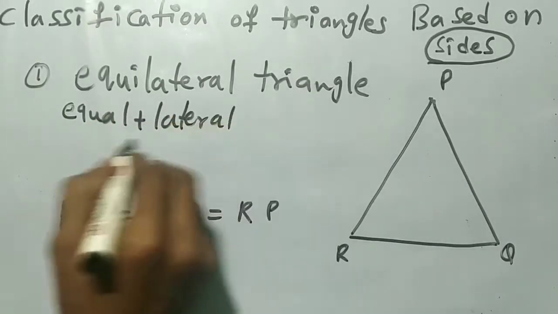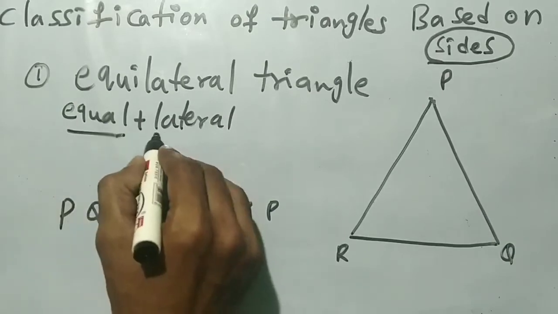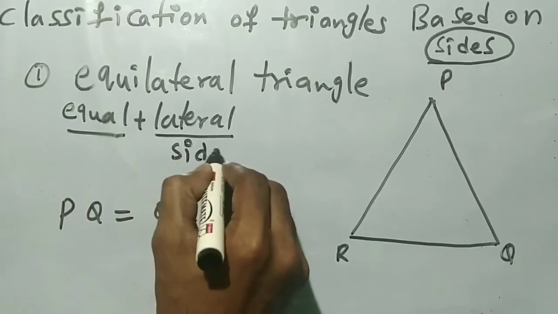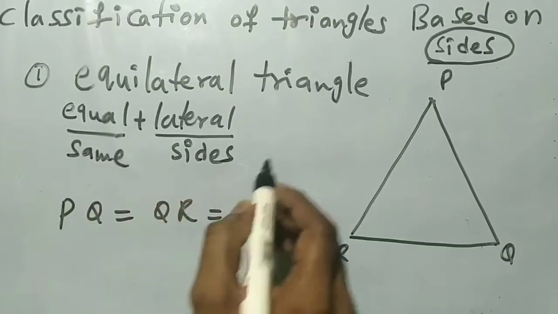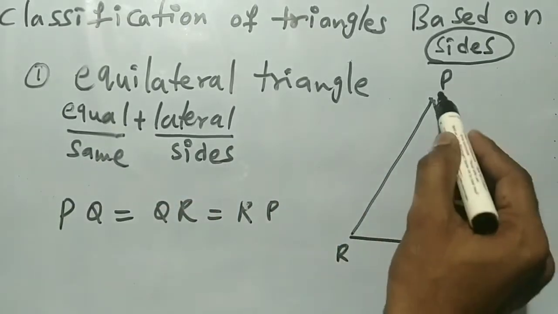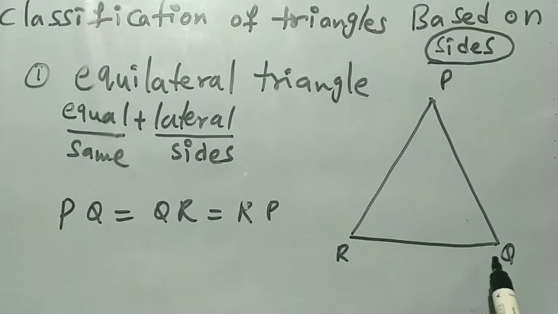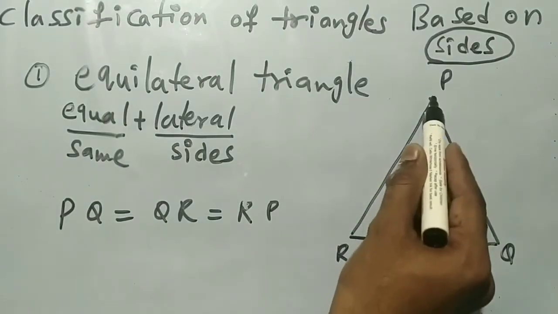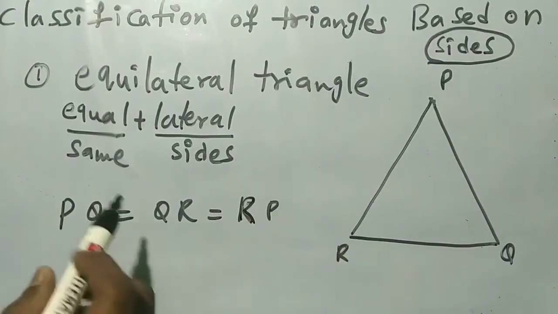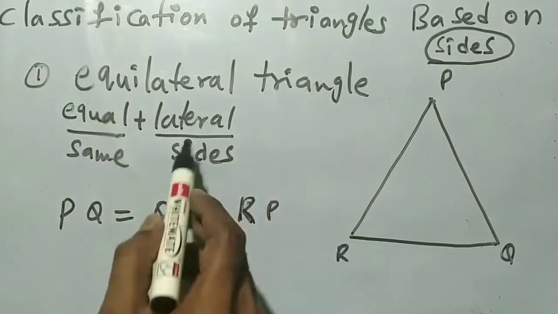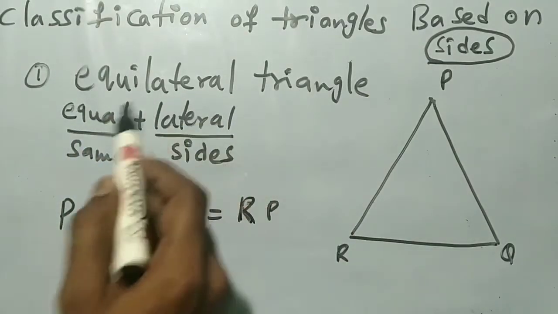Equal is nothing but same, and lateral is nothing but side. So all sides are the same. That is PQ is equal to QR is equal to RP. So all sides are equal, then it is said to be an equilateral triangle. Lateral is nothing but sides.